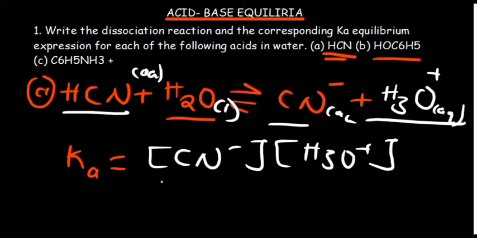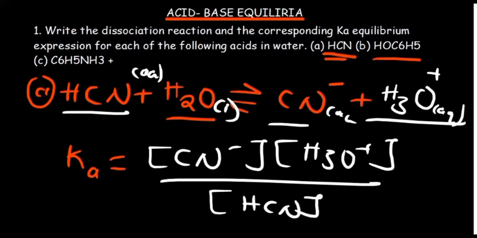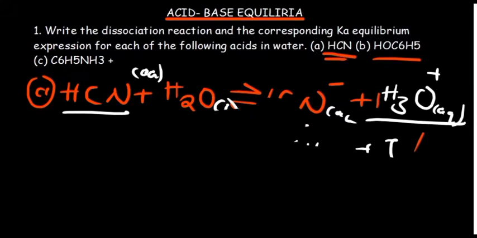This is supposed to be divided by the acid. Of course, we made a point to say you're supposed to raise them to stoichiometric powers. All these are just 1, so nothing will change. That is our dissociation reaction as well as our Ka expression for the first part.